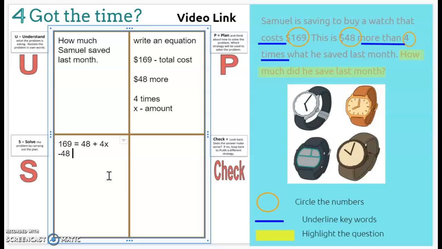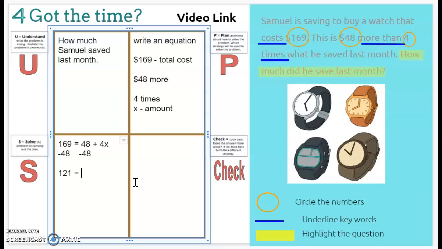The inverse operation of a positive number is a negative number. So we're going to take that away, and that leaves us with 169 minus 48 equals 121. Because 8 minus 9 is 1, 4 minus 6 is 2, and then we bring down our 1.